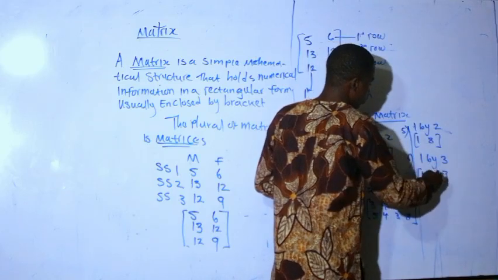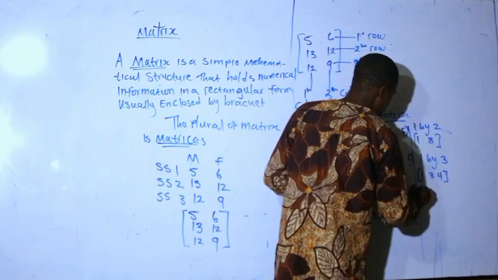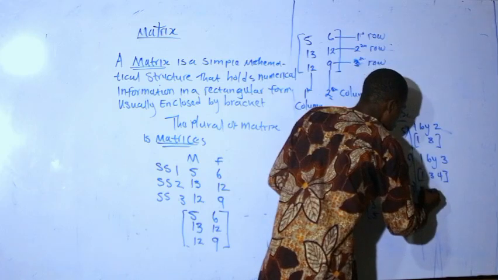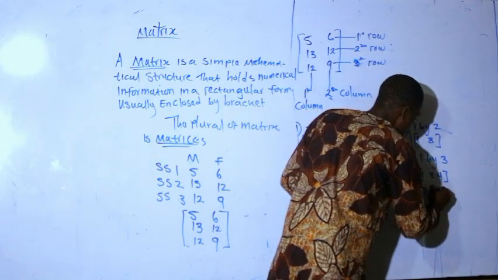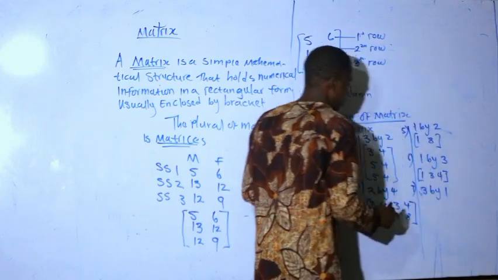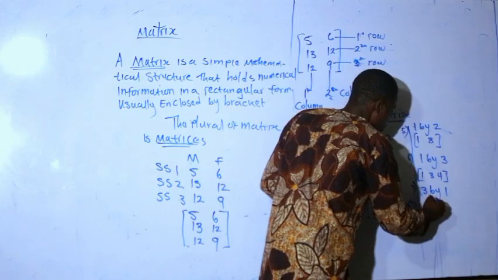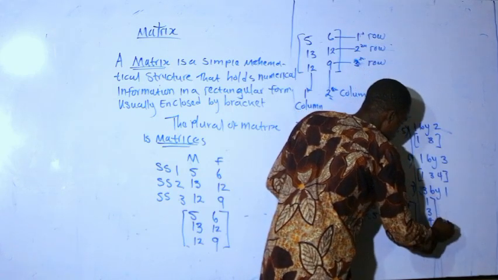In column, 3: 1 2 3. That's number 7. Even it can be 3 by 1. In a different form, it can be 1 3 4. Look at this.